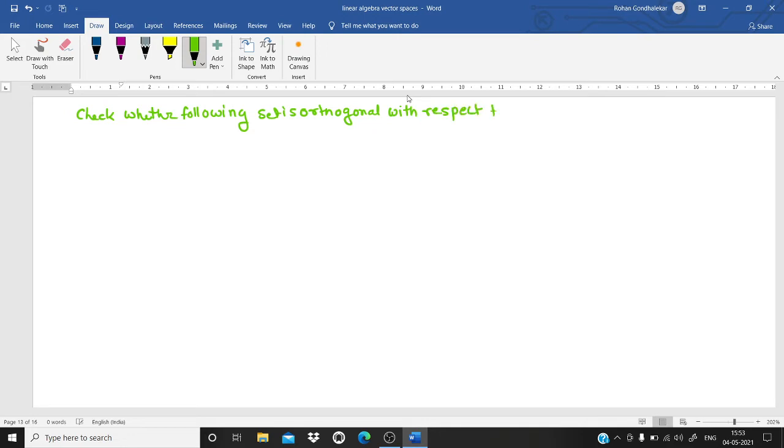Here I am not taking the Euclidean inner product; I am taking a different inner product of vectors. U is a vector given as a 2 by 2 matrix with entries U1, U2, U3, U4. The vector V has entries V1, V2, V3, V4.